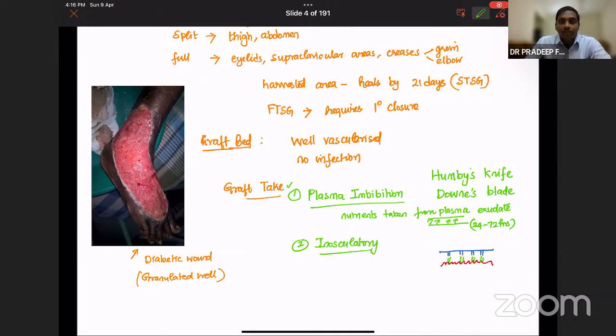This is called the inosculatory phase or the angiogenic phase. So the graft vessels as well as the recipient vessels will get aligned to provide vascularity to the graft. And finally, the remodeling phase.